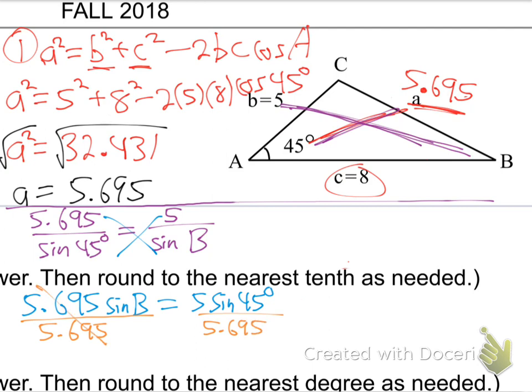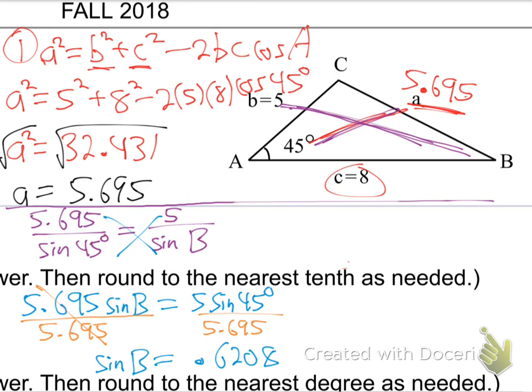So divide these, and then you'll get sine B equals 5 sine 45 divided by 5.695. Oh, it's some weird mode. Okay. I'm getting a 0.6208. Y'all getting that so far?